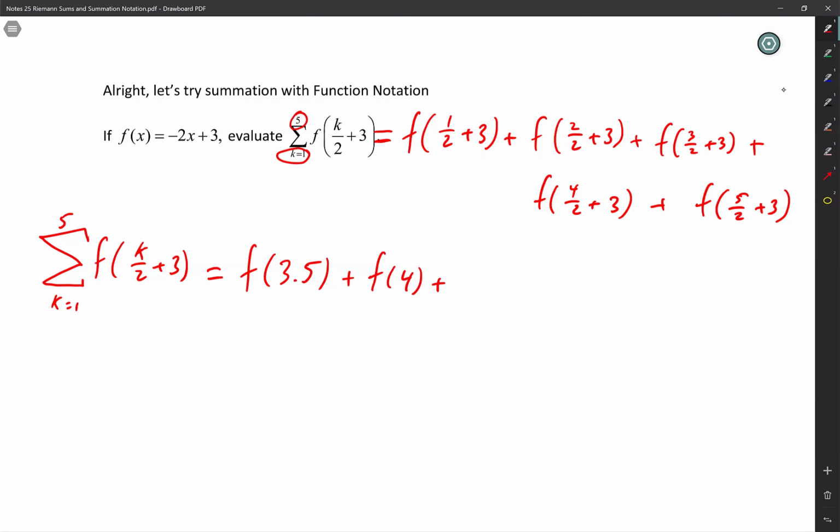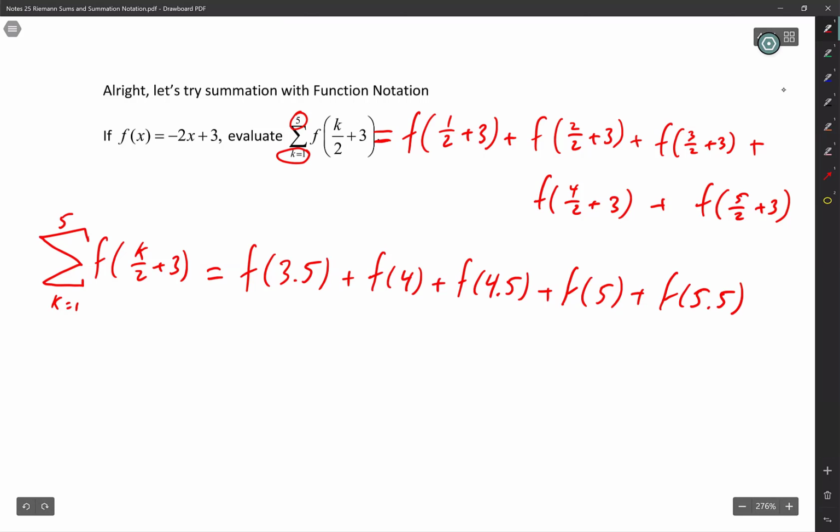Plus 3 over 2 plus 3, that's 1.5, so that's 4.5. Plus, and you can already see the pattern. 4 divided by 2 is 2, 2 plus 3. And then last but not least, f of 5.5.